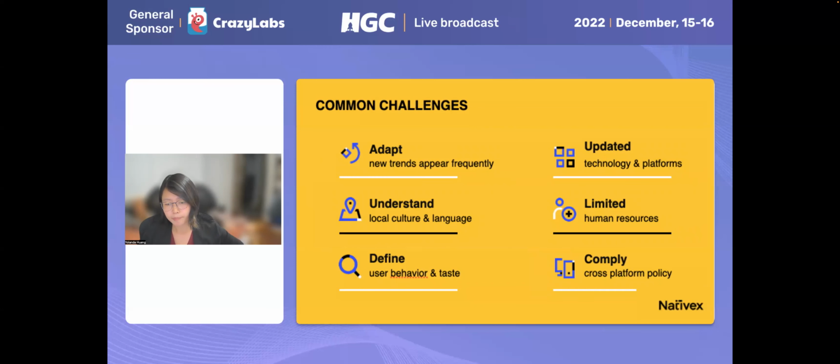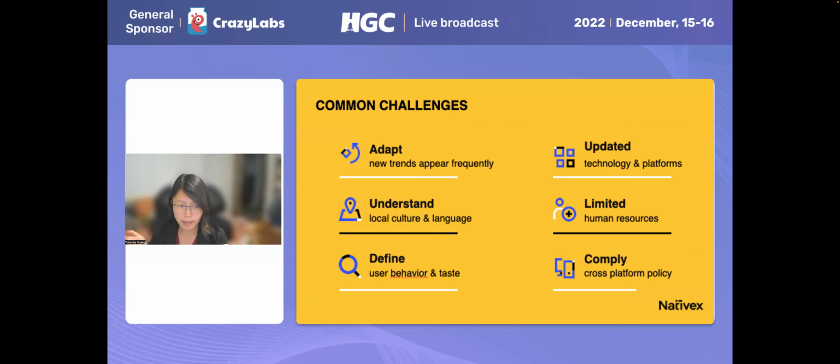Here we summarized some of the common challenges that our partners are usually facing. In terms of making UA work, they range from adapting to the latest trends, to keeping ourselves updated with the latest features from the platforms, especially the new ones, the local ones, to a deep understanding of local cultures, defining user behaviors and tastes in those local cultures.